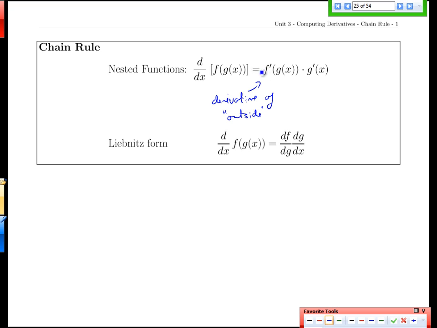Sometimes it'll be obvious that it looks outside, sometimes it'll be less so, but it's the function that gets applied last, times the original inside, and then we multiply by the derivative of the inside. All right, so that's one way to try to remember it. Again, practice is the best aid for this. So let's take a look at some examples.